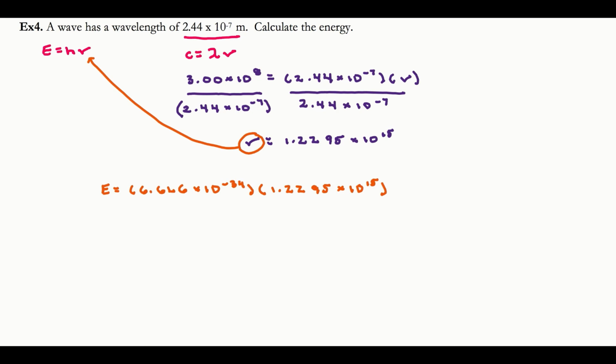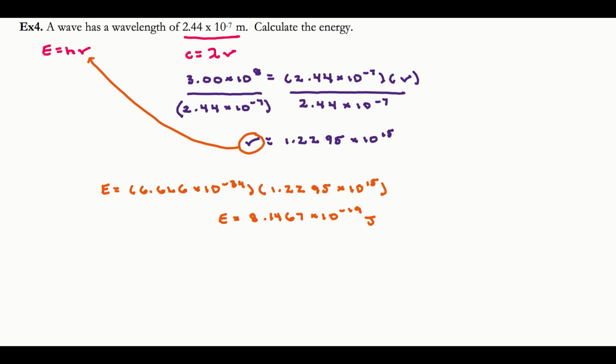Now, just multiply by 6.626 times 10 to the negative 34, because that way, you don't have to retype in your value, and you won't be rounding, because even though I wrote 1.2295, that is slightly rounded. Okay, so just keep it all in your calculator. And so what I get for my energy, unrounded, is 8.1467 times 10 to the negative 19. And my units are going to be joules, because I'm dealing with energy.